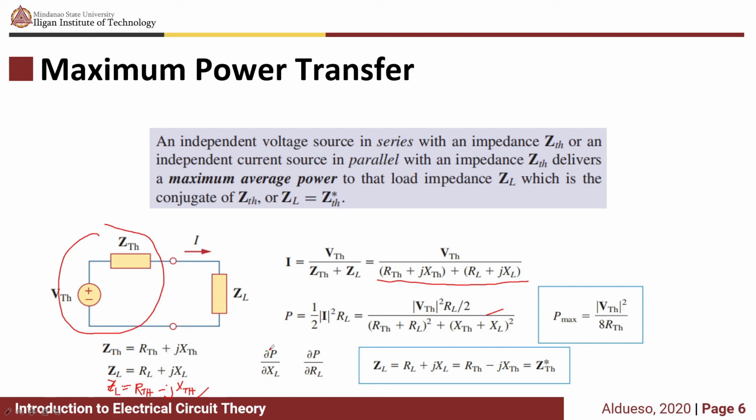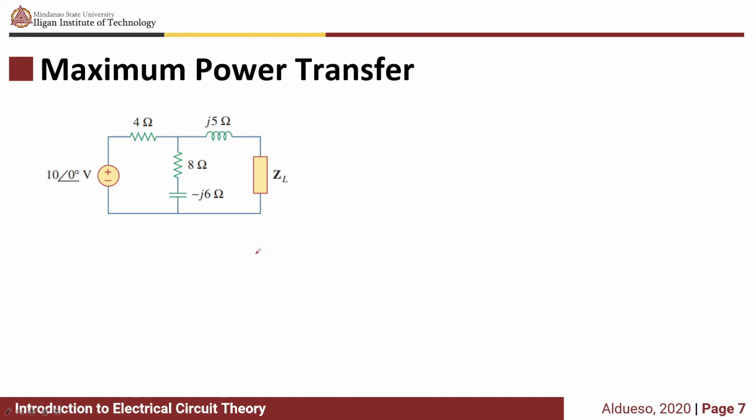Then getting the partial derivative with respect to XL and the partial derivative with respect to RL, and equating them to 0, then solving for XL and RL, we will arrive at this. Substituting the values for RL and XL, our Pmax is equivalent to VTH squared over 8 times RTH. So for example, find the value of ZL to obtain maximum power transfer.